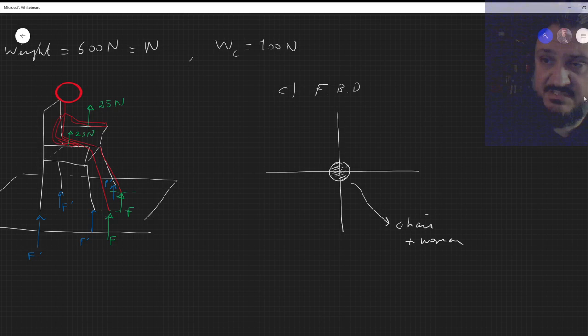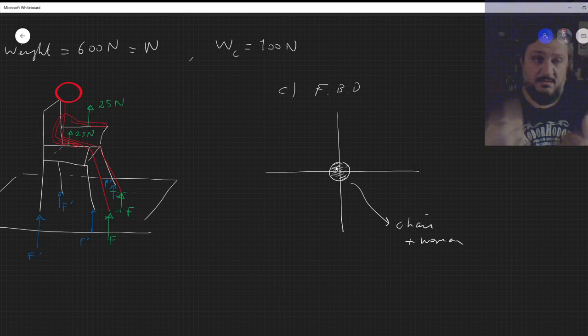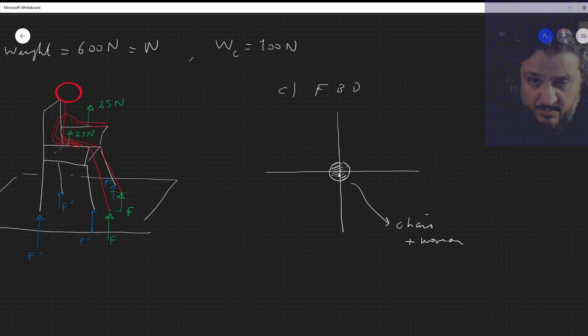Now, what are the external forces acting on this system? Well, we have the weight of the woman and we have the weight of the chair. A combined gravitational downward force, which will be equal to 600 plus 100. You can show them as separate forces if you like, or just one single, but then write 600 plus 100. So that's equal to 700 newtons downward.